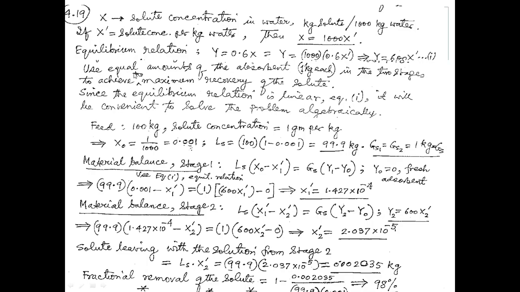Okay, use equal amount of the absorbent, 1 kg each in 2 stages, to achieve the maximum recovery of the solute. Since the equilibrium relation is linear, this is the relation, it will be convenient to solve the problem algebraically.